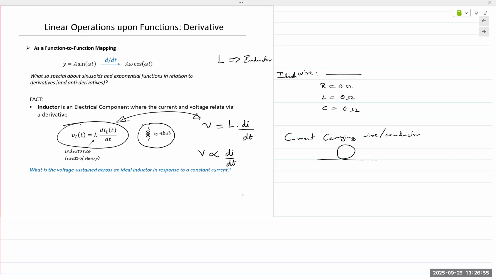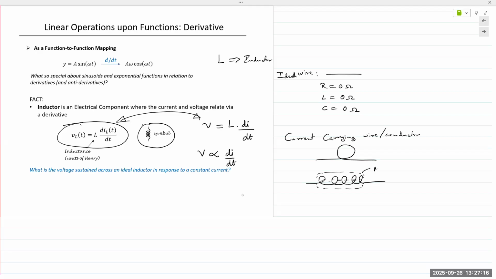And if you wind it up into multiple loops, you're now establishing a magnetic field through that conductor. The magnetic flux lines go into and out of that spiral coil.